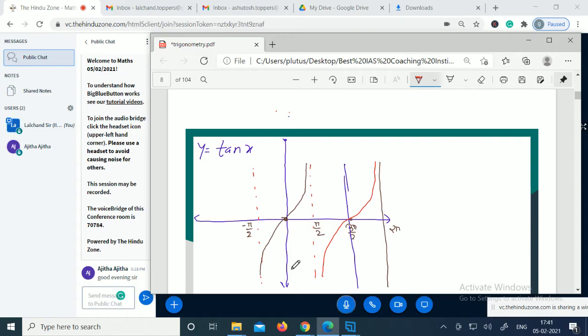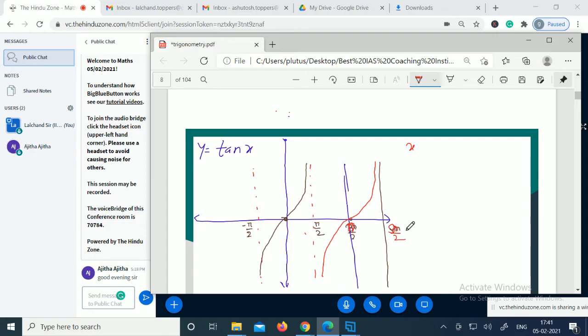Okay, so what is the domain? The domain is only real numbers, excluding points where there is a problem at multiples of pi by 2. Every odd multiple of pi by 2, like here, this is our pi, this is our 3 pi by 2.